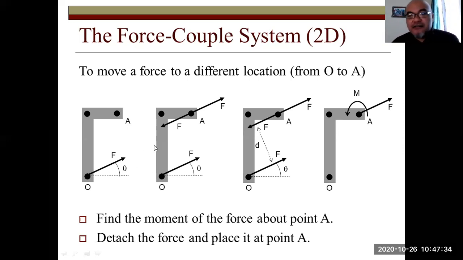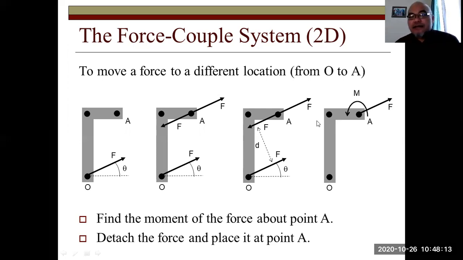From the translational point of view, this will result in the same force resultant, which is this force. However, from this force going leftward and the original force, we have a couple, right? Because they have the same magnitude, they are opposite to each other, and they have parallel lines of action. So we can replace this couple with a single moment whose value equals force times d.